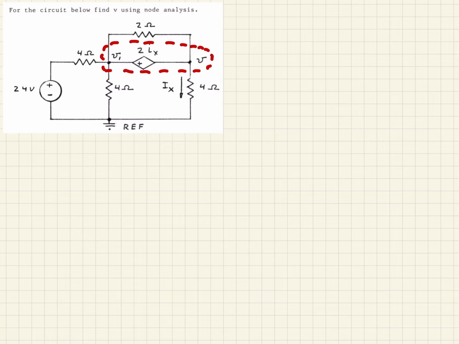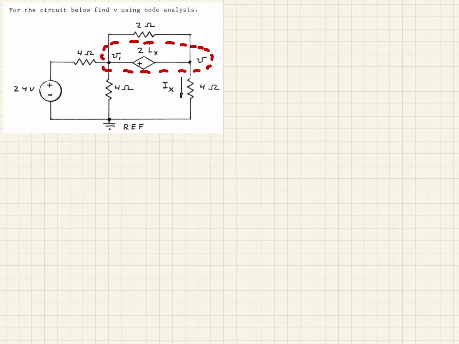Now you can see there's actually two nodes inside of there, but that's why we call this a supernode. So we're going to consider that as just one node. So if we do that, let's see if we can develop some equations for that with all the current entering and leaving the node.